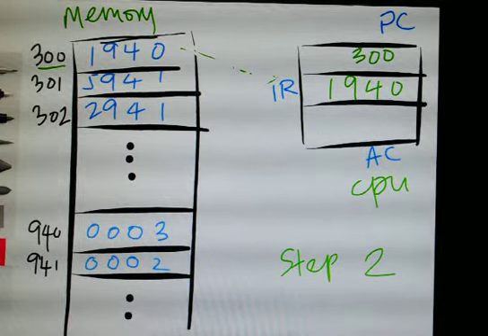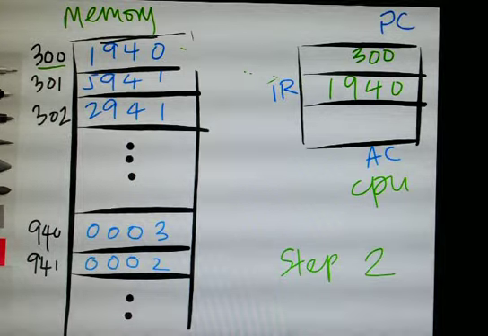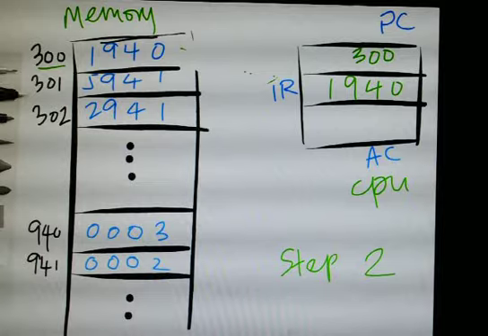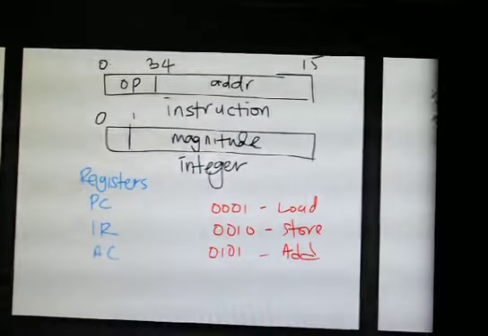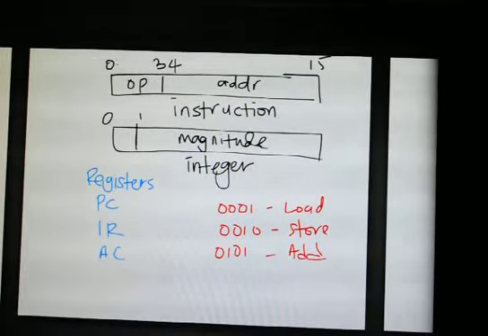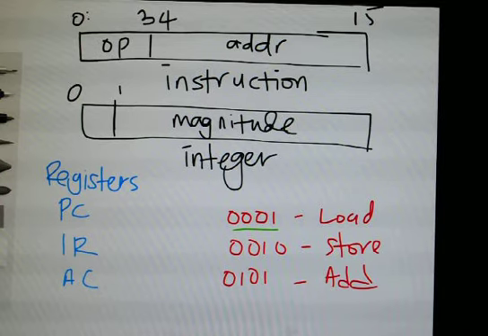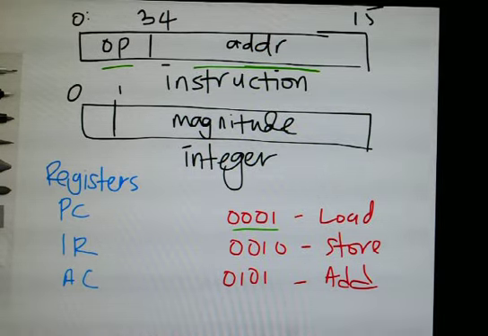Kita akan execute the first instruction, which is 1940. As shown in the previous paper, the first digit is the opcode, and the next 3 digits in hexadecimal represent the memory address.